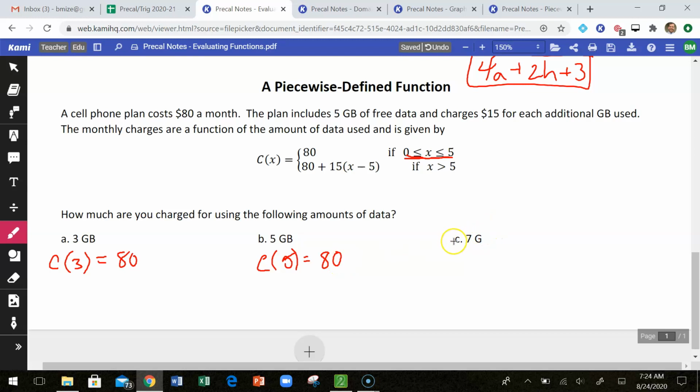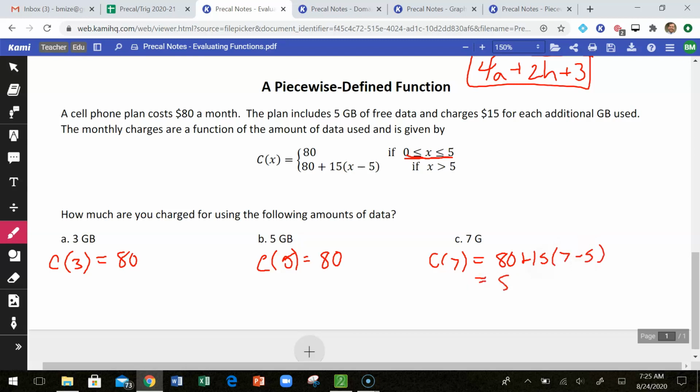And now on part C, I'm using 7 gigabytes of data. 7 is greater than 5, so it fits the criteria here on the bottom part, which means I need to plug in 7 into this piece that's across from that. So C of 7 is going to be 80 plus 15 times 7 minus 5.